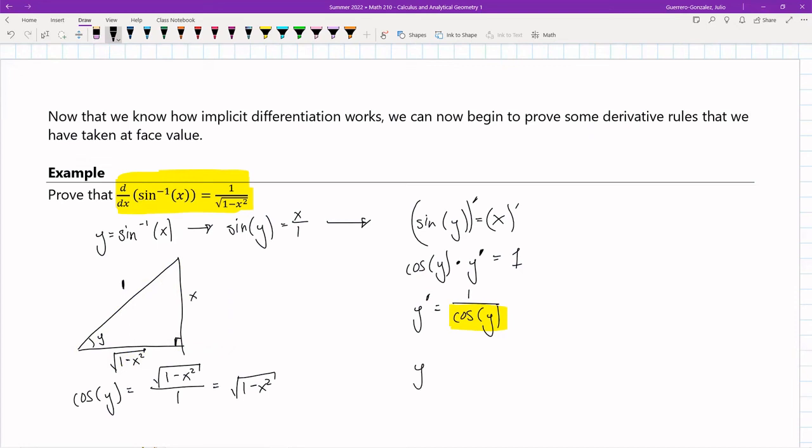Therefore, y prime is equal to 1 over the square root of 1 minus x squared.